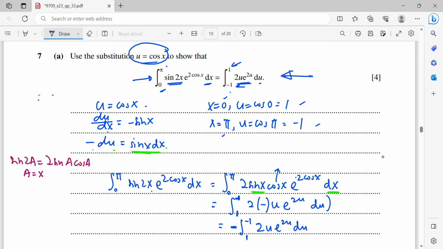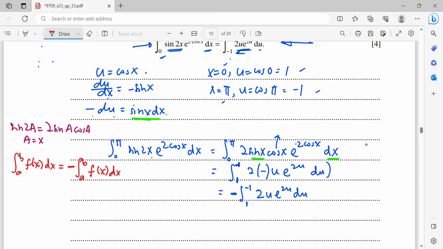So we have a formula. If you need to interchange the limits, it will be negative of the integration after you interchange the limits. So now with this negative, I need to change the limits. This is b to a, which means the lower limit is a.